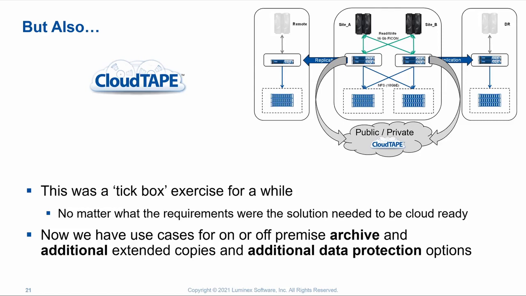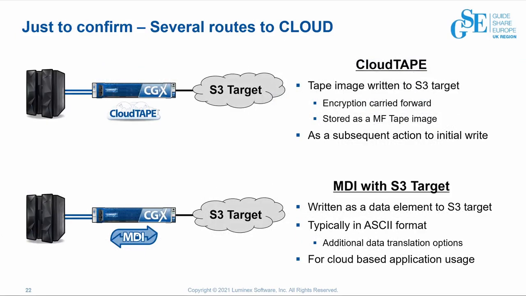Now, I've seen two particular use cases, and I'm going to go over both of them for cloud. But just to clarify something before I go into that for the use case, a bit of a digression. There are several routes to cloud.